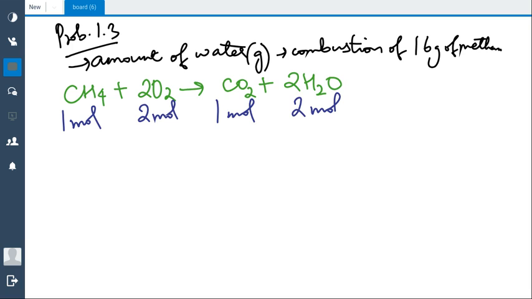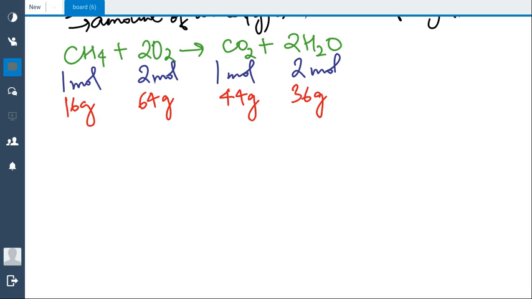Now I also wrote 1 mole of CH4 is equal to 16 grams of CH4. 16 grams of CH4 will react with 64 grams of oxygen to give 44 grams of carbon dioxide and 36 grams of water.